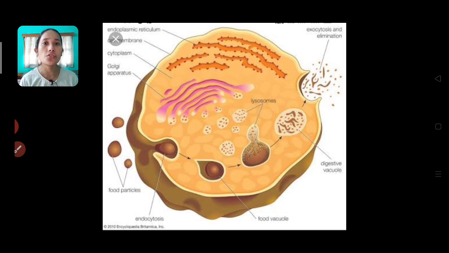That's why it is referred to as a suicidal bag. Now this lysosome has certain digestive enzymes because of which it can engulf or destroy the foreign materials entering the cell. It is present only in animal cell, it is absent in plant cell.